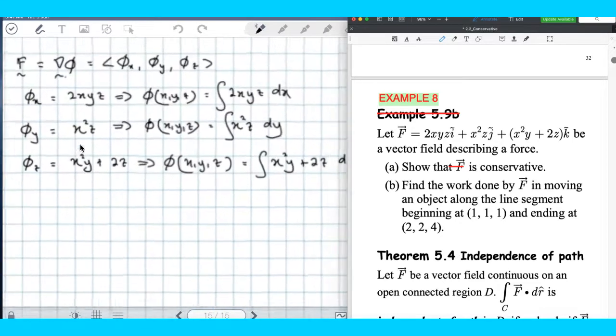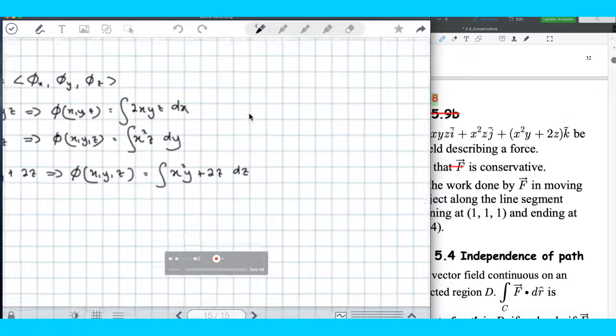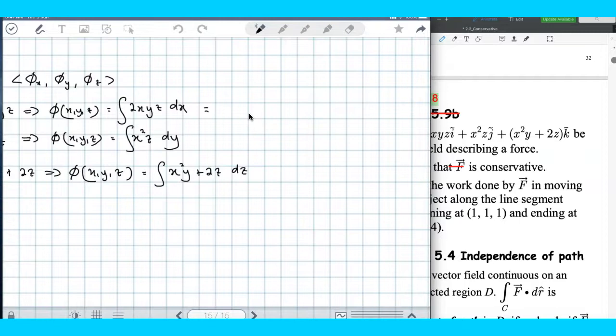As I mentioned before, to get the scalar potential function, this is an indefinite integral, so when you integrate you put the constant. Integrating with respect to x, you have x squared yz plus a. With respect to y, x squared yz plus b. And with respect to z, x squared yz plus z squared plus c.